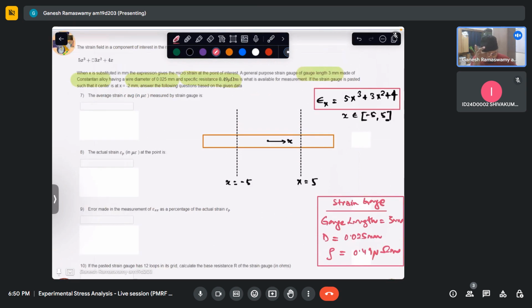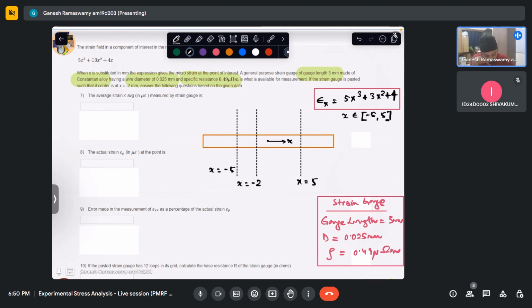If the strain gauge is pasted such that its center is at x equal to minus 2. So let me draw the line x equal to minus 2. This is x equal to minus 5. Let this be x equal to minus 2.